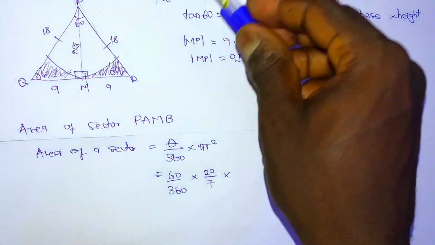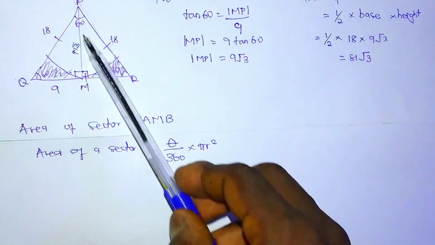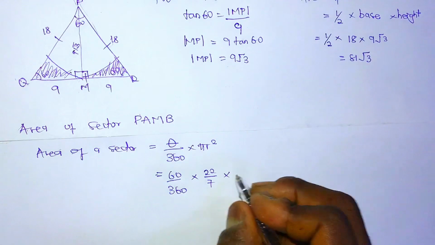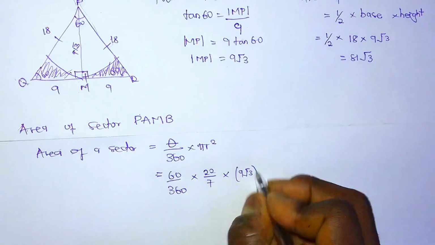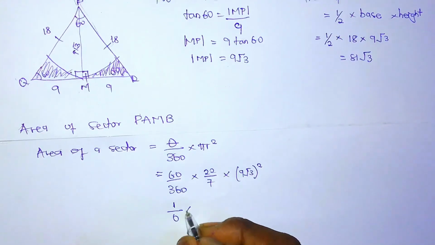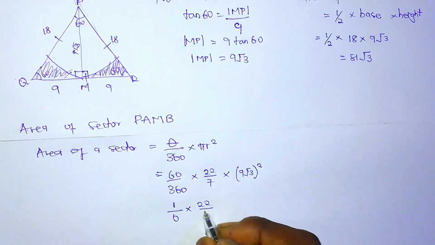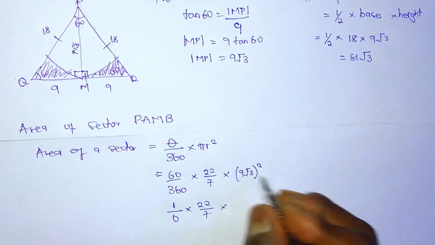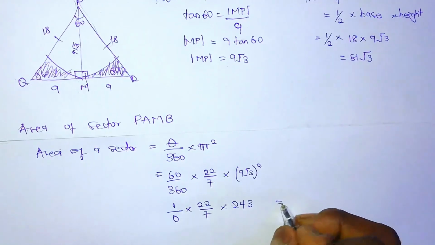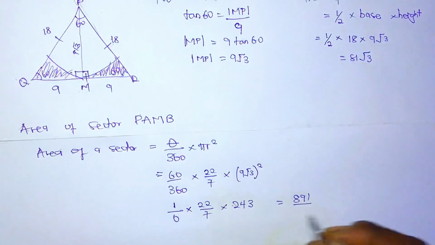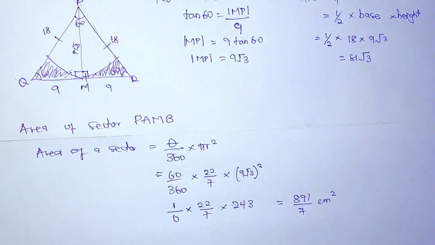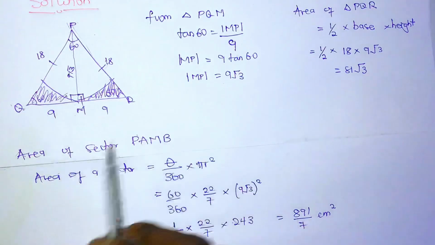Now, if this is a circle, it means that from P to M is the radius, and we found that to be 9 root 3. So 9 root 3 squared. So this will be 1 over 6 times 22 over 7 times the square of 9 root 3, which is 243, and this is equal to 891 over 7 centimeters squared.